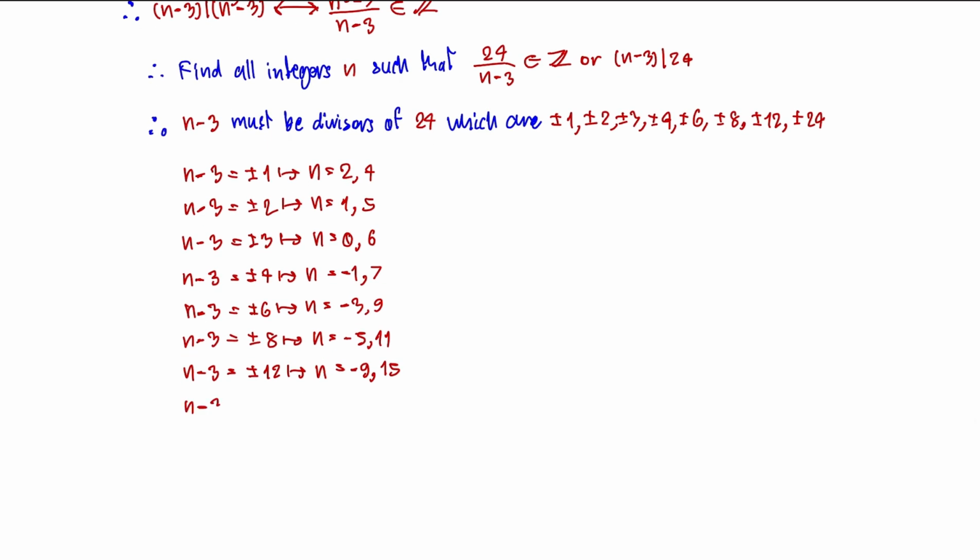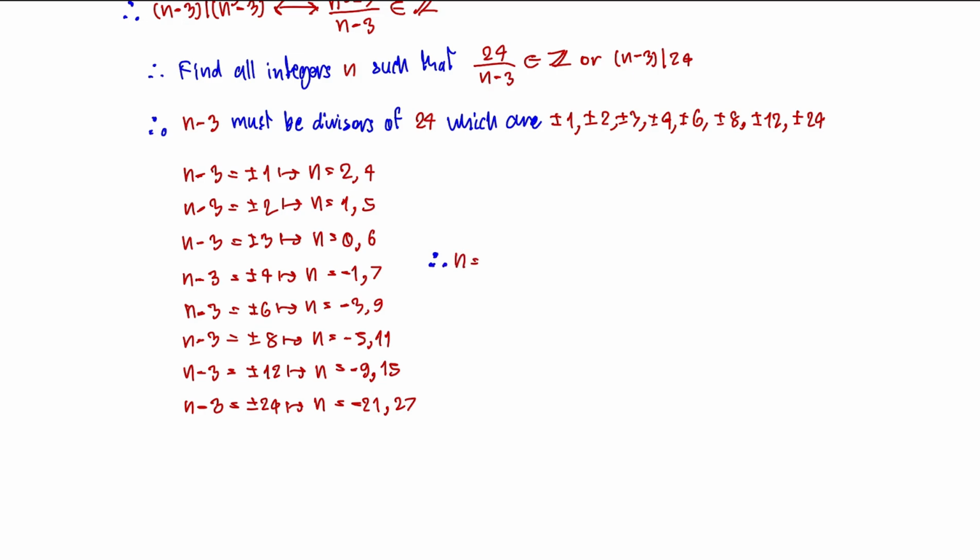And the last one, n minus 3 equals plus or minus 24, so n equals minus 21 or 27. So these are all n.